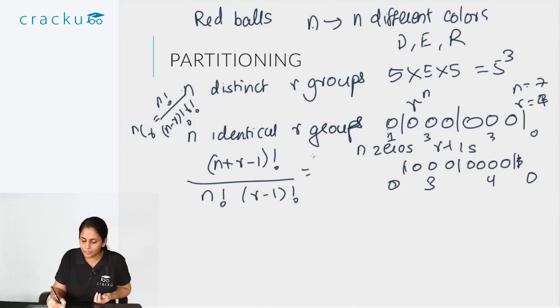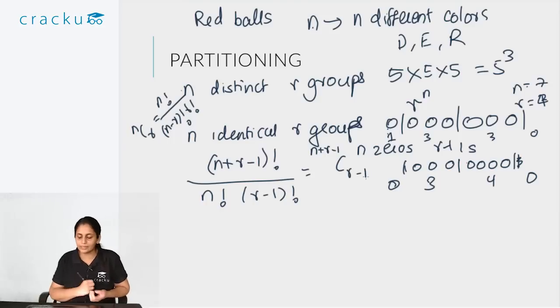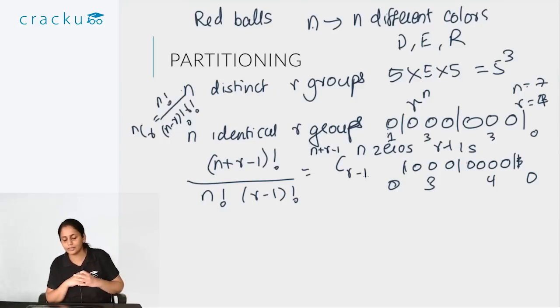So this formula can be written as n plus R minus 1 C R minus 1. So this is the basic fundamental of how I can divide n identical items into R groups.